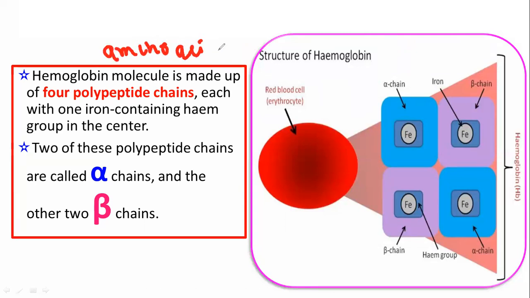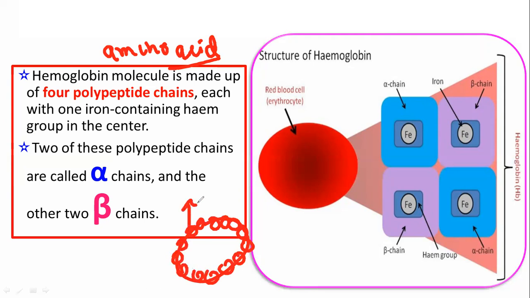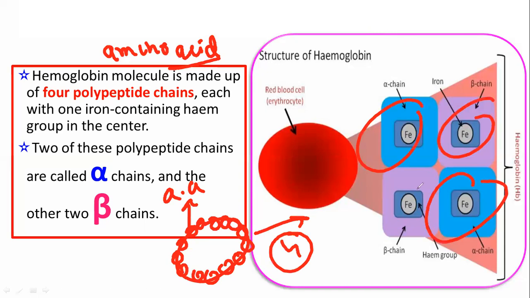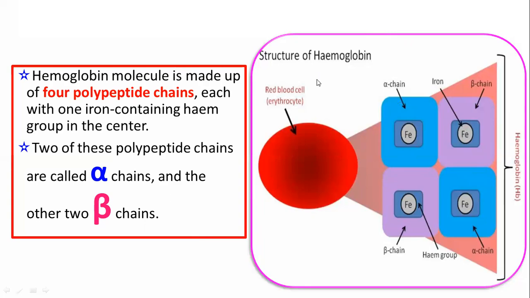Your polypeptide is just like a necklace: the pearls inside the necklace are the monomers, and the whole necklace acts as a polypeptide. The single monomer is the amino acid. So this is a polypeptide, and we are talking about 4 polypeptides here. 2 will be similar in this way and 2 will be similar in this way. We'll discuss later what the difference is between alpha and beta chains.